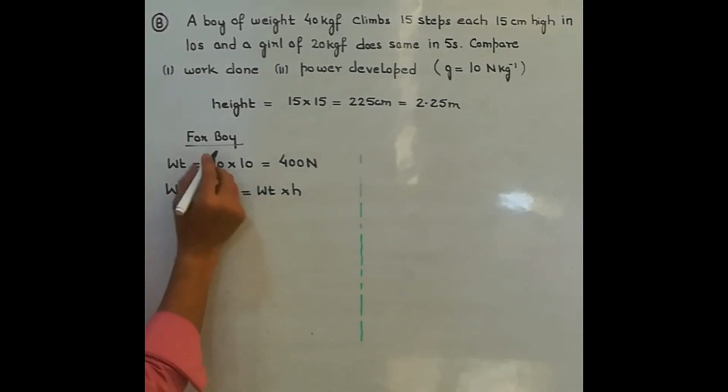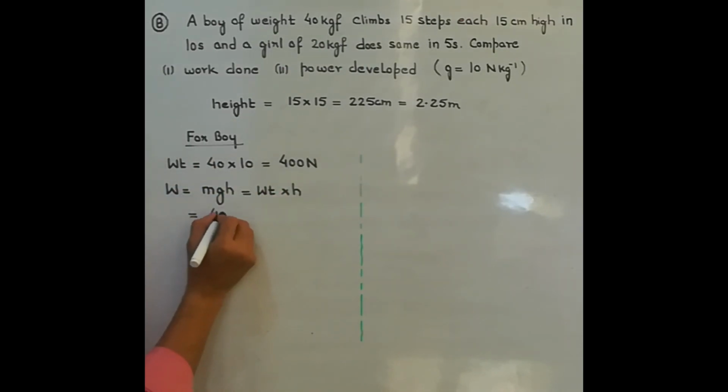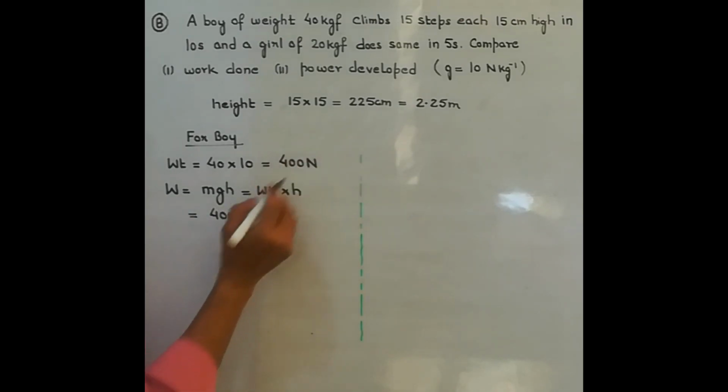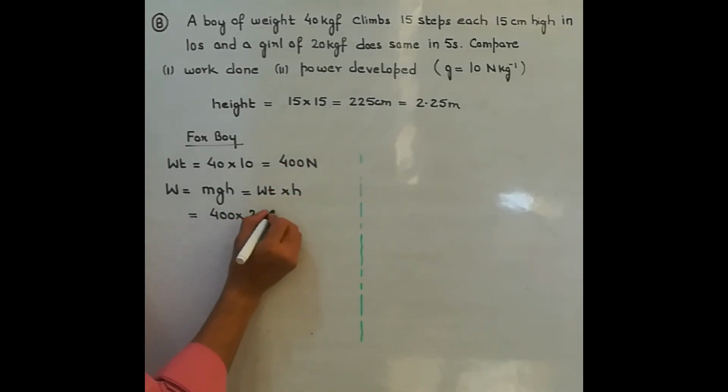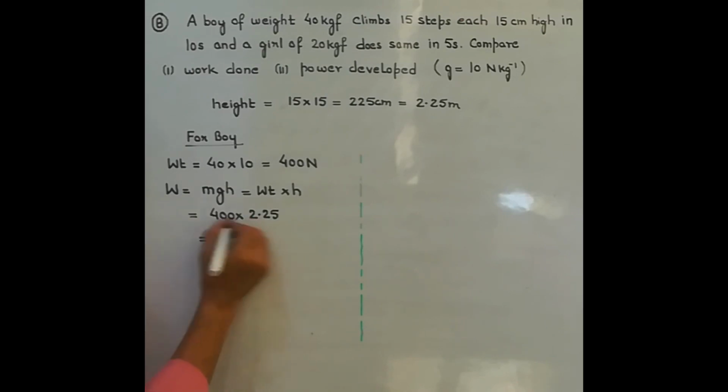So the weight of the boy is 400 and the height through which he goes up is 2.25. When you multiply this, you get 900 joule. So this is the work done by the boy while he is climbing 2.25 meter height.